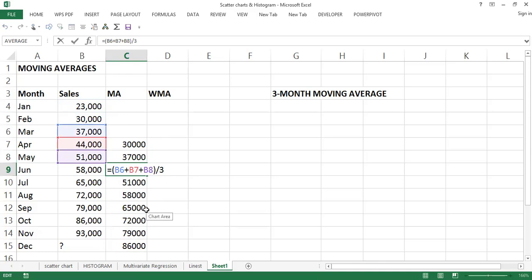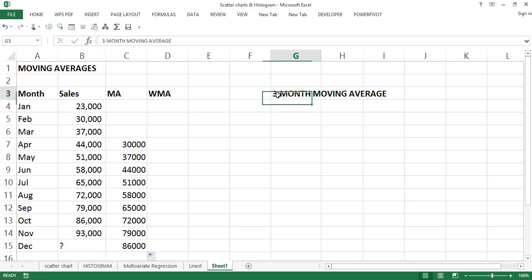June is average of March, April, May. July is average of April, May, June, and so on. This is how the moving average works. Is this understood? Is it clear?